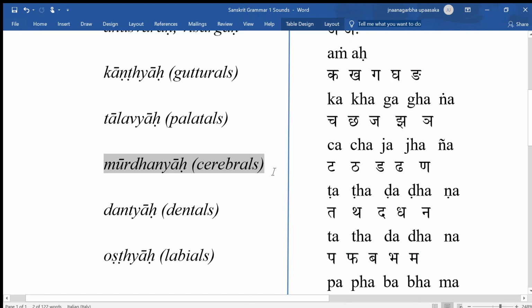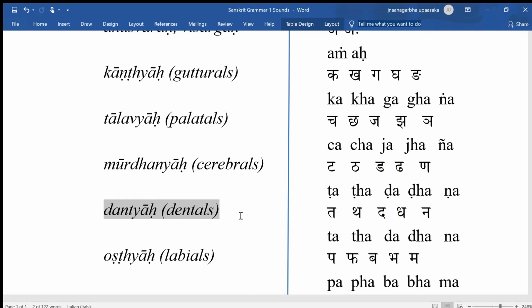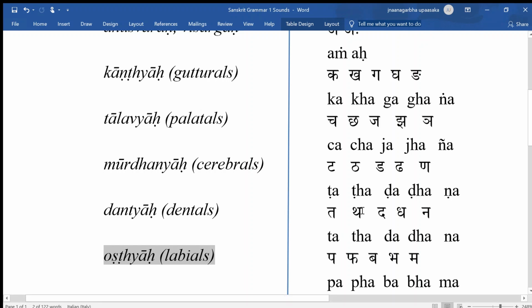These are formed by curling the tongue and making it point upwards and touch upwards, pointing towards the top of the head. Dantyaha are the dentals, so these are formed by touching the teeth. And oshtyaha are labials, and these are formed by using the lips. So you can see that we went from the back towards the front.